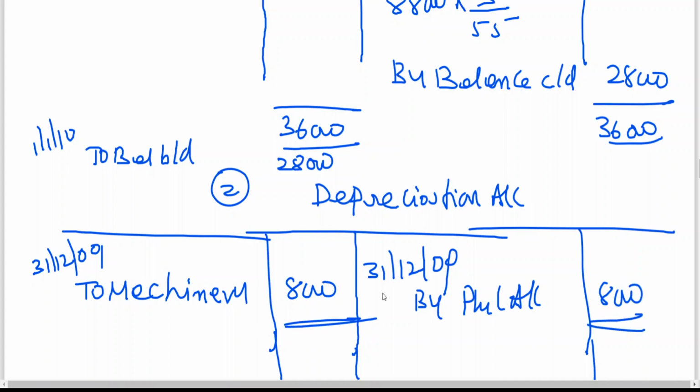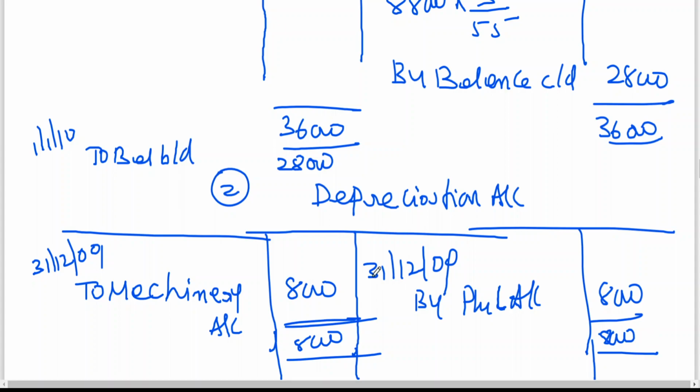So it is not depreciation for all years. He is asking about the 2009 depreciation account. To machinery account, and by P&L account. Every year the depreciation is transferred. Entry: depreciation to asset and P&L account debit depreciation.